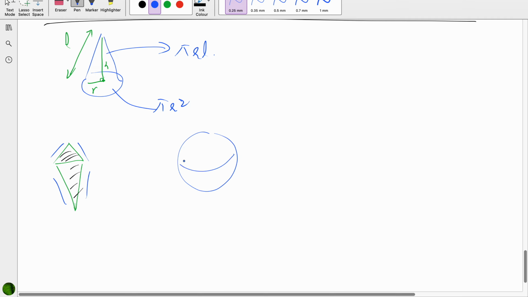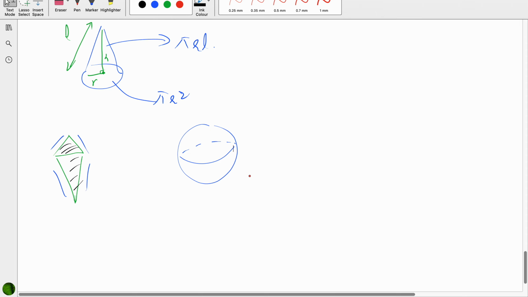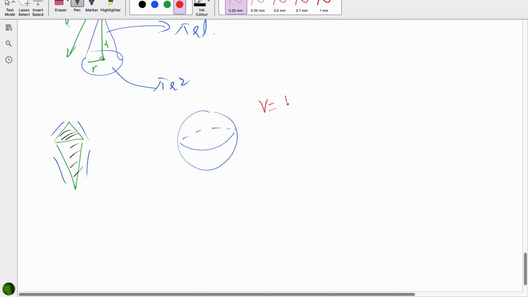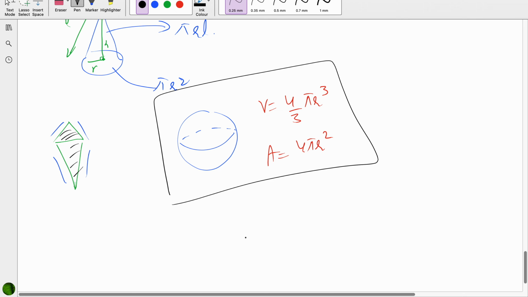And then if we talk about this sphere, formulas for 3D shapes are mostly given. Volume of sphere is 4 by 3 pi r cube. Area of sphere is 4 pi r square. Now this would be given, but what if this appears in the exam as hemisphere? What will be the volume?